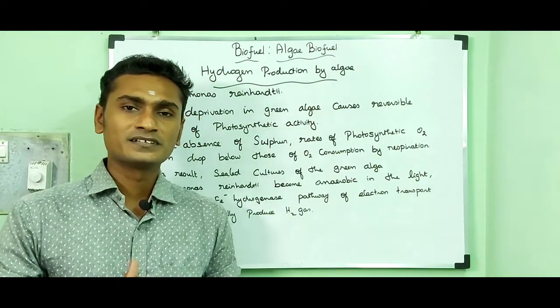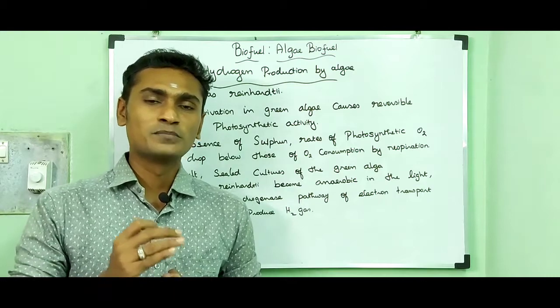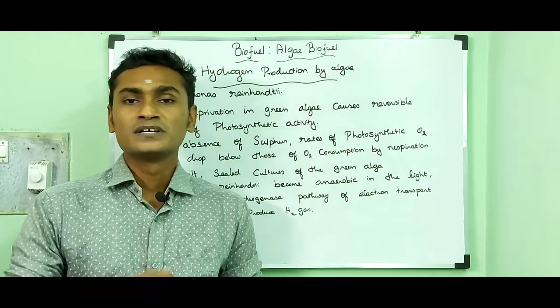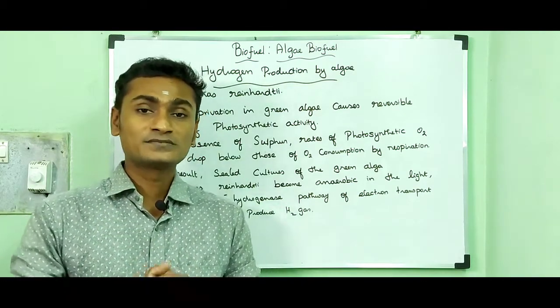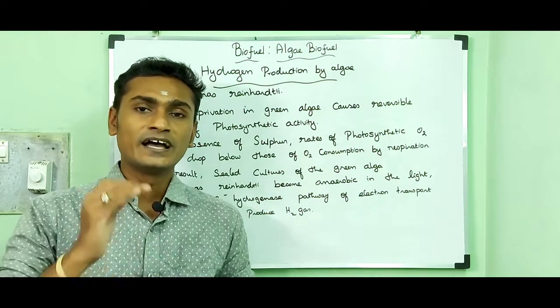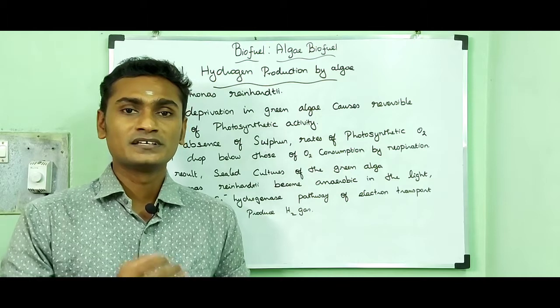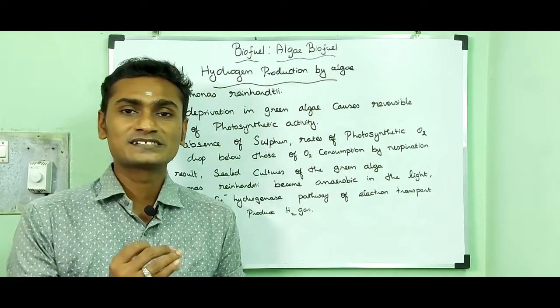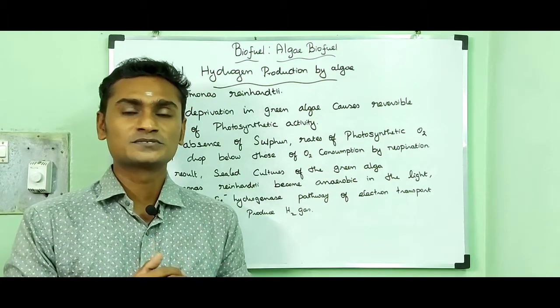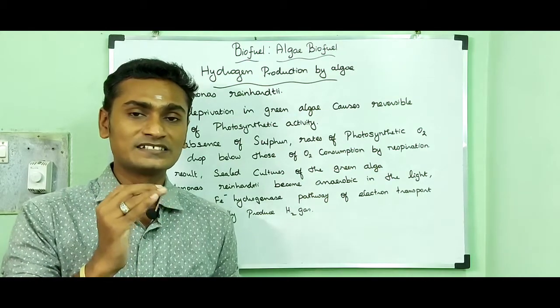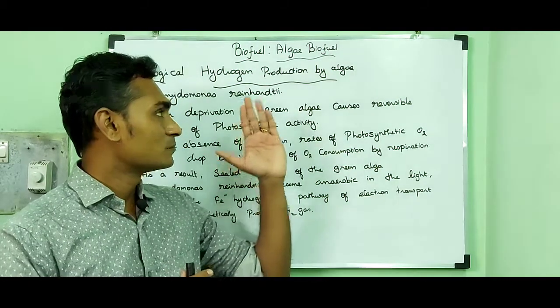Let me explain the biofuel, or algae biofuel. Some decades ago, scientists used sugarcane and corn to produce biodiesel or biofuel. It led to a food crisis or energy crisis around the world. So scientists became interested and initiated algae biofuel.